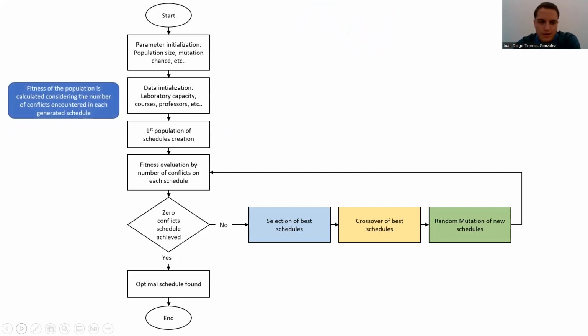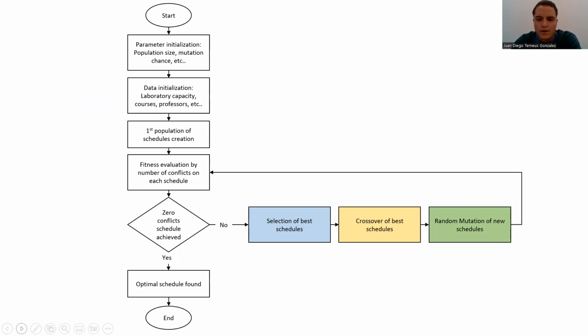Then we have the selection. The individuals with the best fitness value will be chosen for the creation of the next generation. It allows the algorithm to get closer to the optimal solution, in this case the optimal schedule.